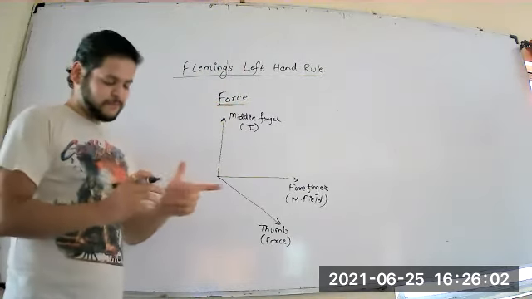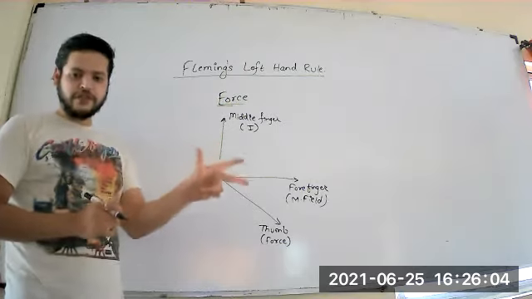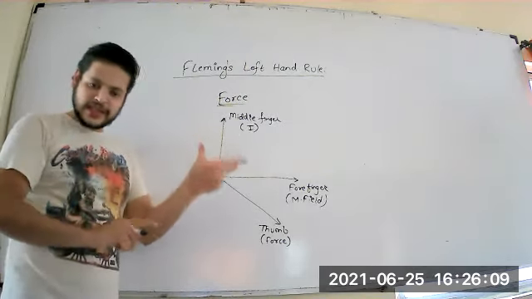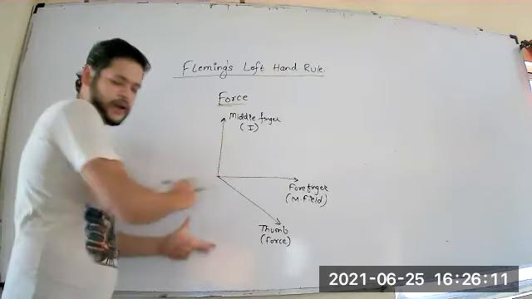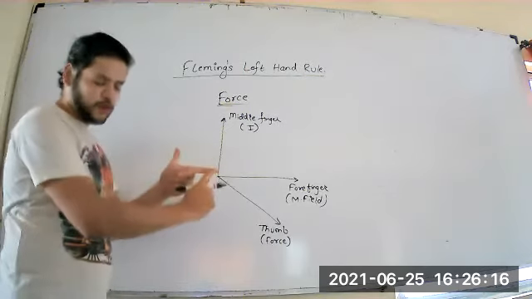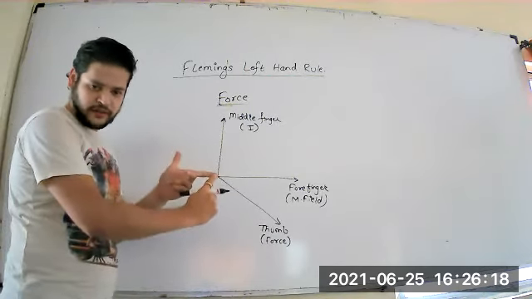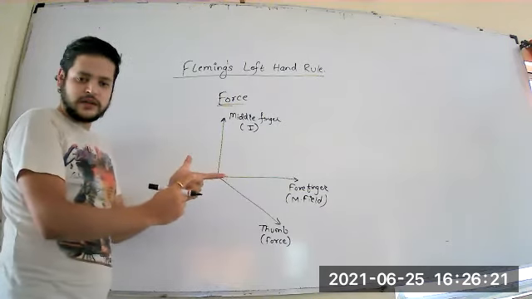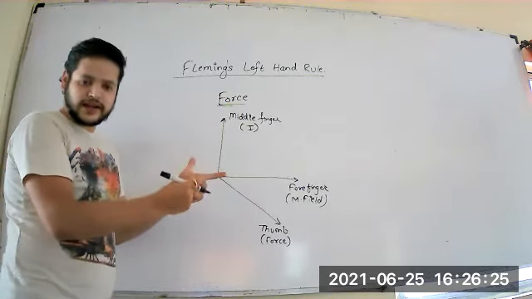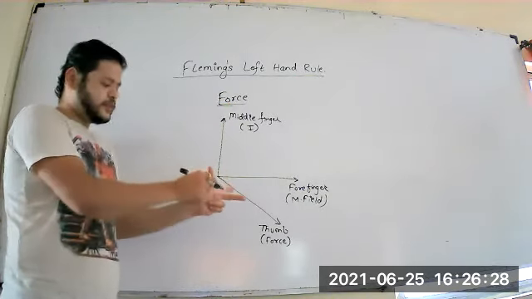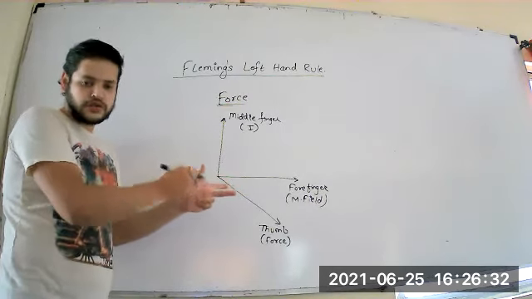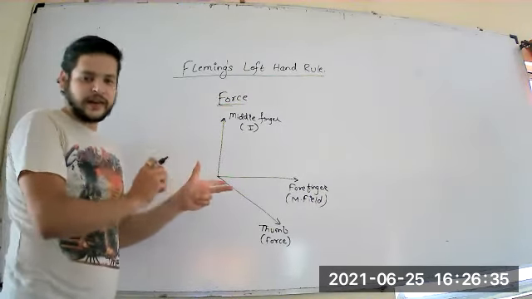I'll repeat once again. The rule says that if we hold the three fingers of our left hand such that they are mutually perpendicular to each other, and the forefinger shows the direction of the field, the middle finger shows the direction of the current, then your thumb will always show the direction of the force which is generated on the current carrying conductor.